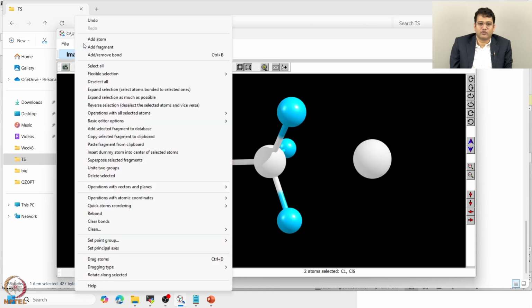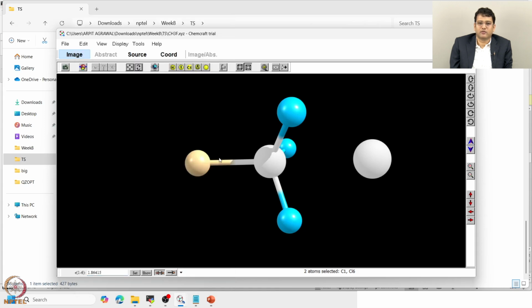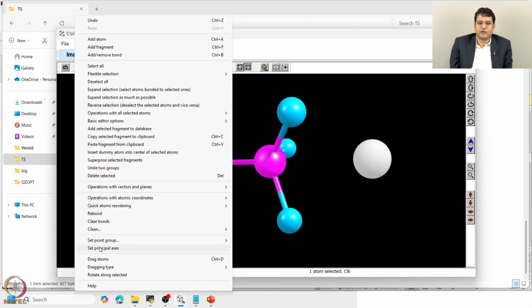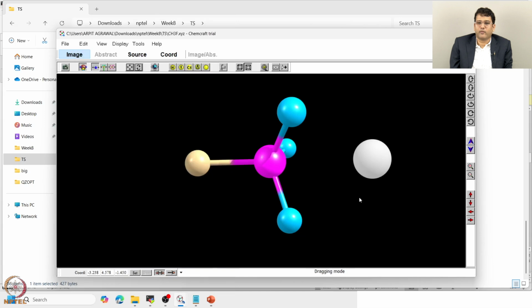Or we can use this one, we can select this one, we can go to drag atom command and we can drag the atom a little bit more. So, this can give me a good idea of my initial reactant geometry.